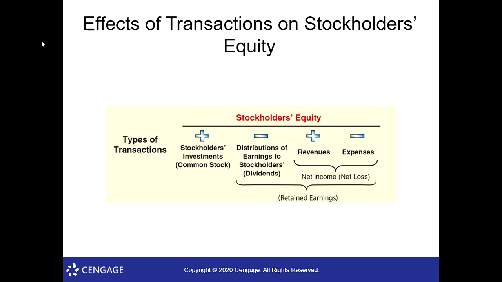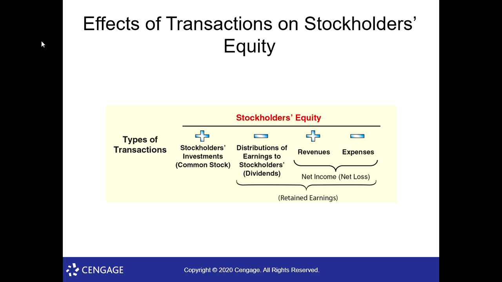This is actually a good infographic. I like it. So equity increases when stockholders purchase an investment in our organization, right? Remember, because we get cash and then they get a share of equity. Anytime we distribute earnings to our stockholders in the form of dividends, that's a deduction from equity. Anytime we earn revenue through fees, sales, whatever our main business operation is, that's an increase to equity in the form of a revenue.